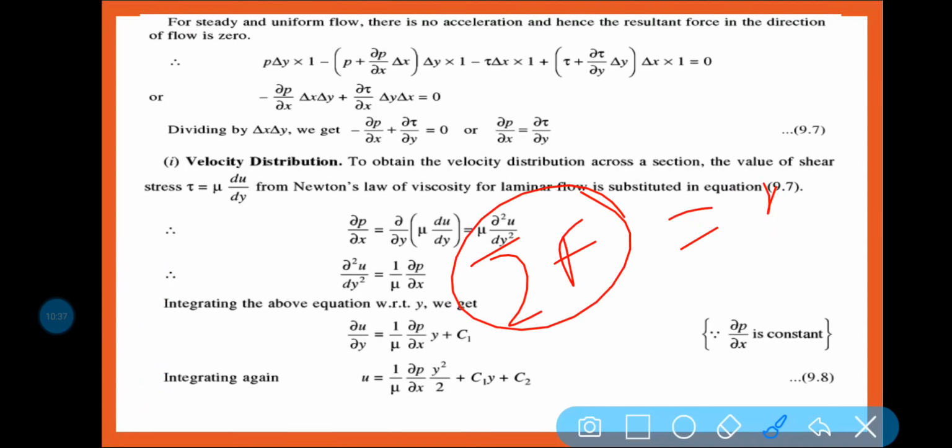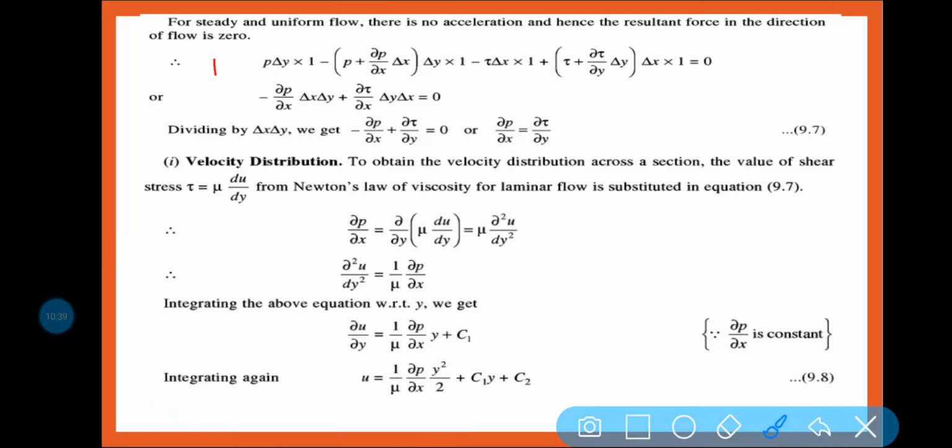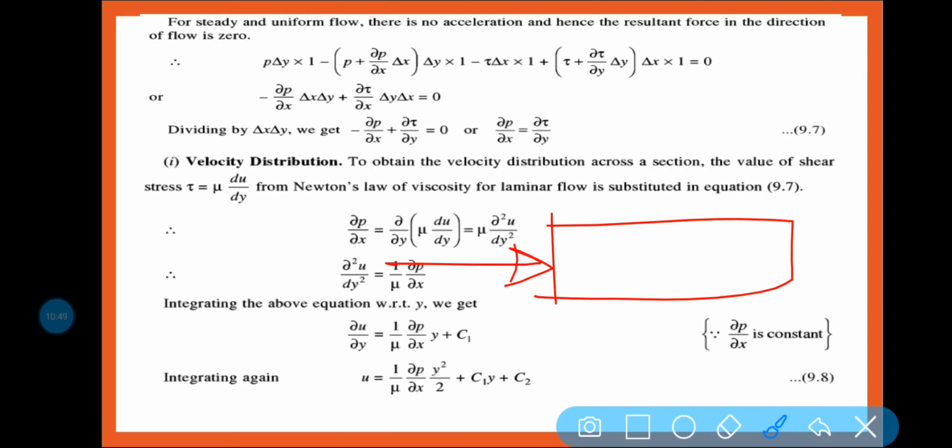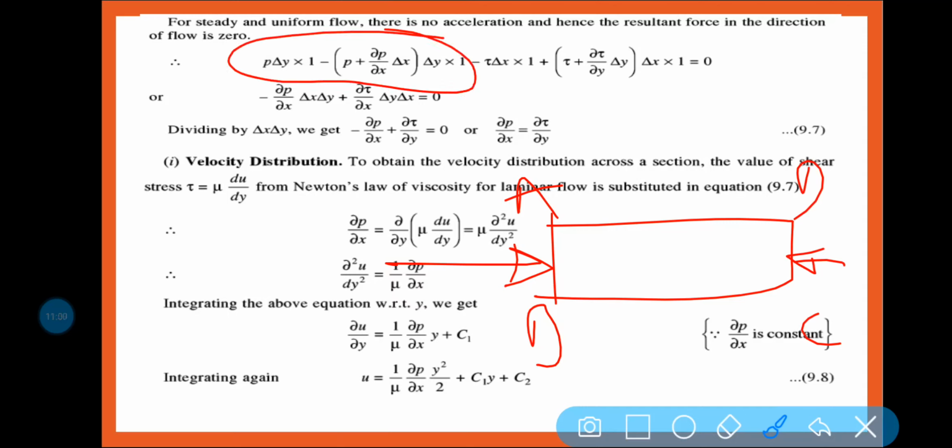So what will happen on face AB? P into delta y into 1 minus, why minus? Because on face AB the pressure acts rightward, and on face CD it acts leftward. So minus P plus delta P by delta x into dx into delta y into 1.